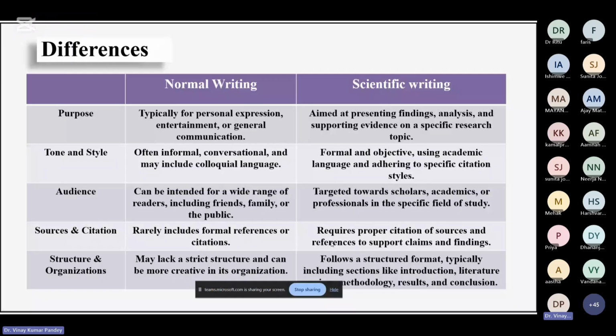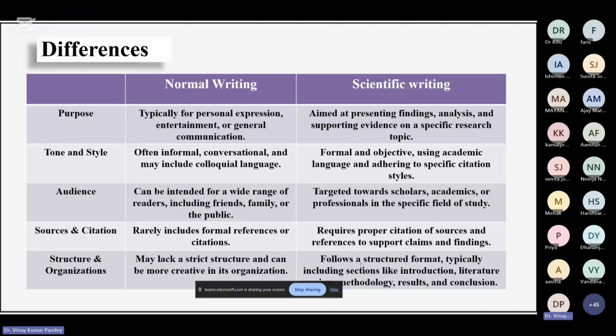Following that, audience. For example, suppose there's a comedian and he's targeting an audience. He expects the audience to be full of humor, and they should not be feeling bad. So there's a type of audience that we actually target, right? The same thing goes with researchers.